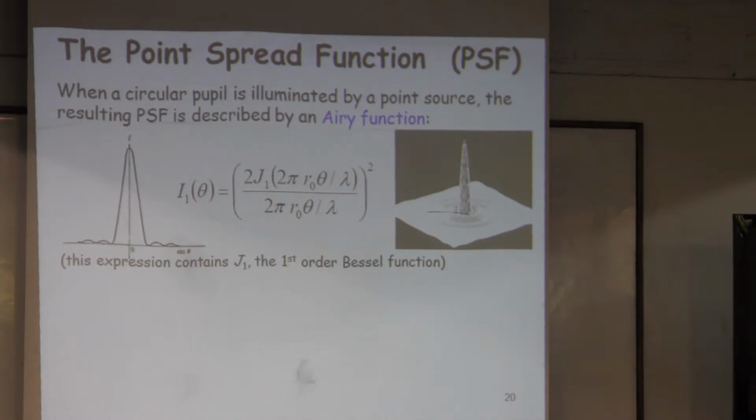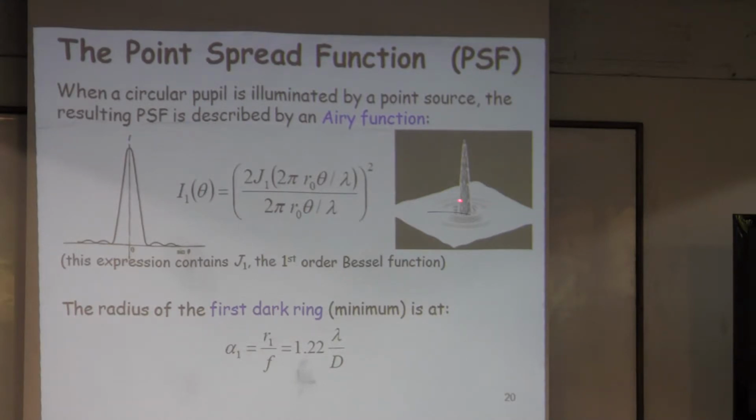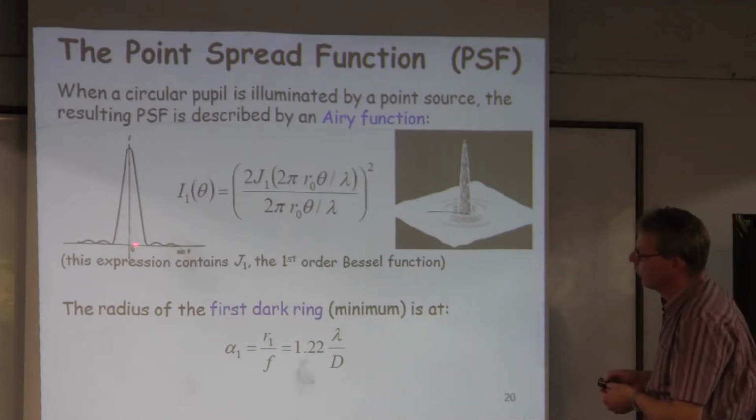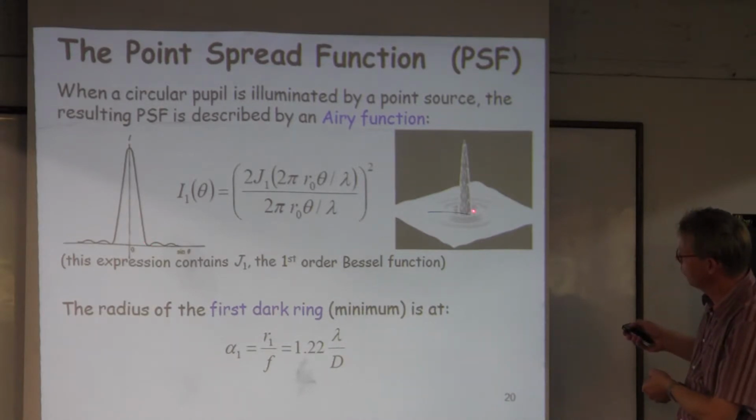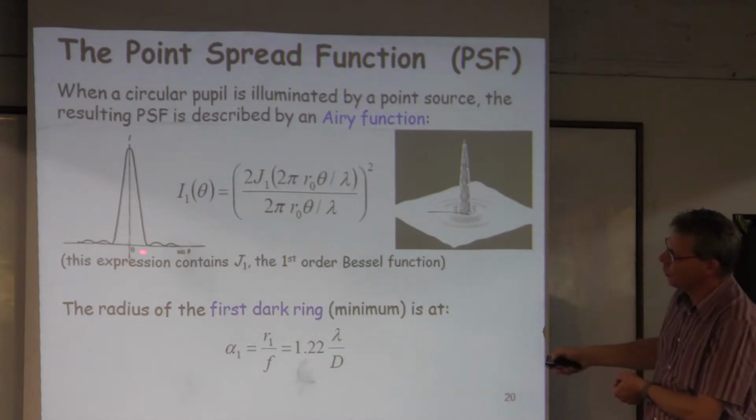Obviously, that only works for diffraction-limited optics, meaning there's no atmospheric turbulence or so that degrades your image. In two dimensions, it would look like that. You have the peak here, and then you have these wings, these rings around. Okay, and the radius of this first dark ring: if you go to the center here and measure the distance between the center and the next minimum, a dark ring means no intensity, right?